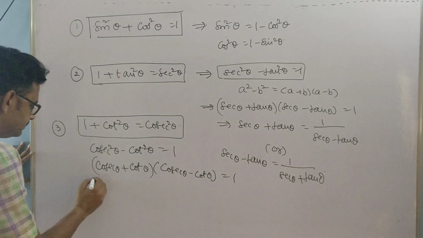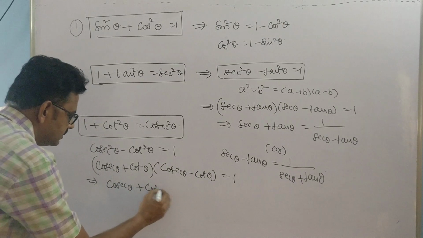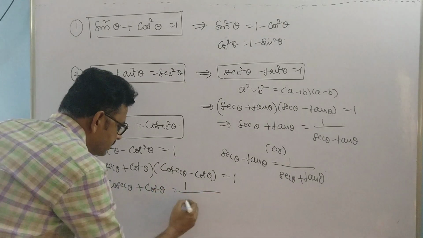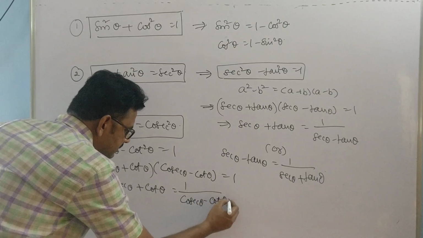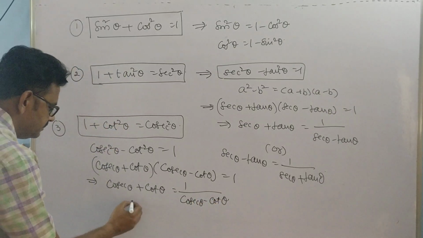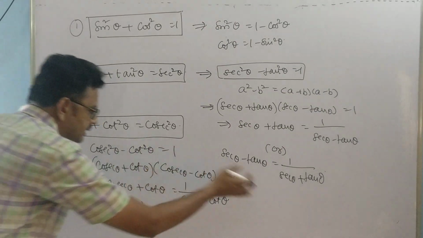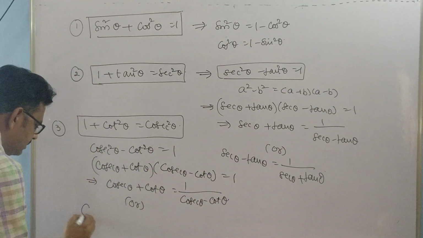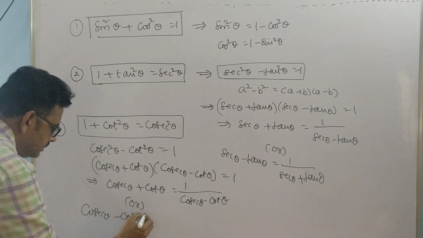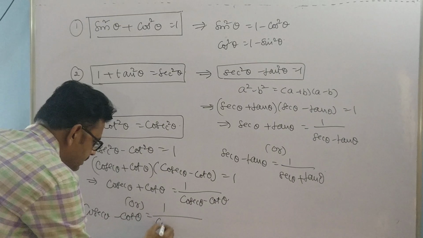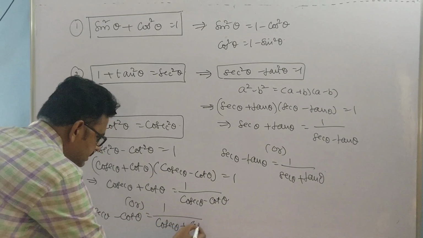That implies cosecant theta plus cot theta is equal to 1 by cosecant theta minus cot theta, or cosecant theta minus cot theta is equal to 1 by cosecant theta plus cot theta.